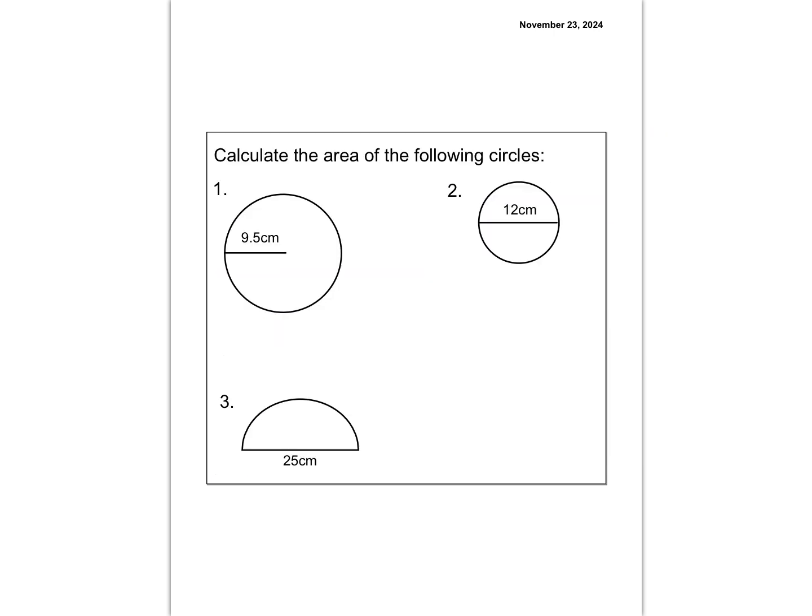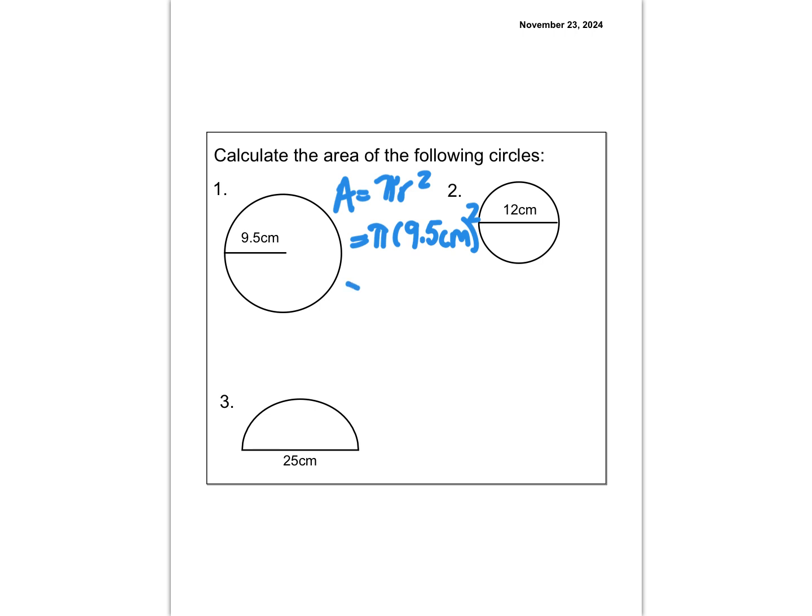Last one, just a couple circles we would work with. This one's kind of an interesting one. The first one, we already have the parts we need. We always start with our formula, so A equals pi r squared. We get pi times 9.5 centimeters squared. Now I know 9 times 9 is 81, but it's 9.5. So if I square that, I get 90.25 centimeters squared.